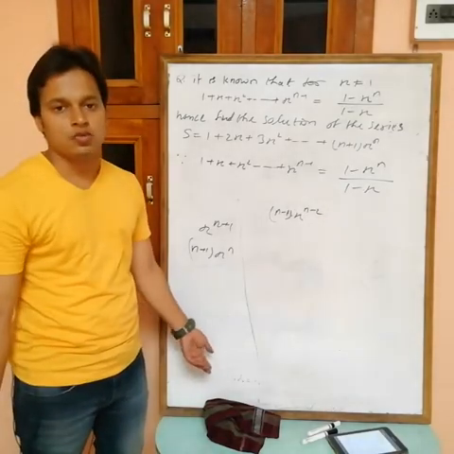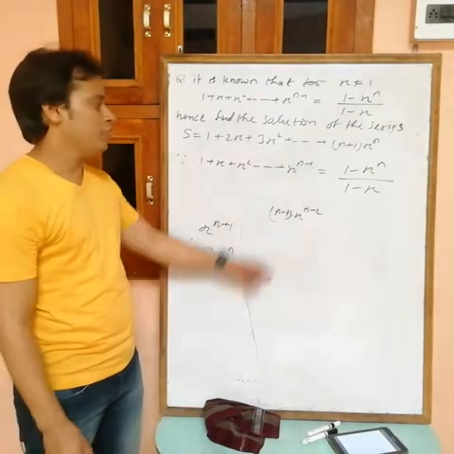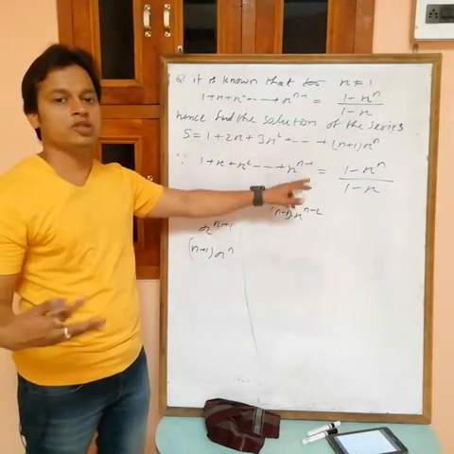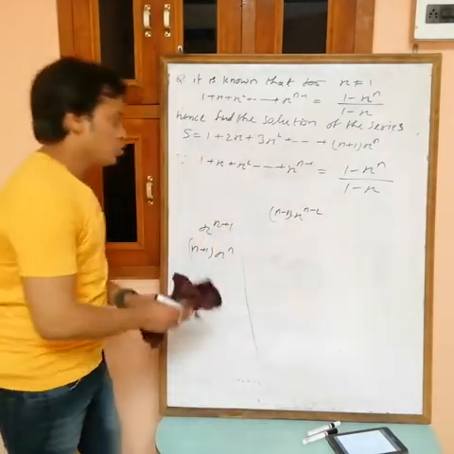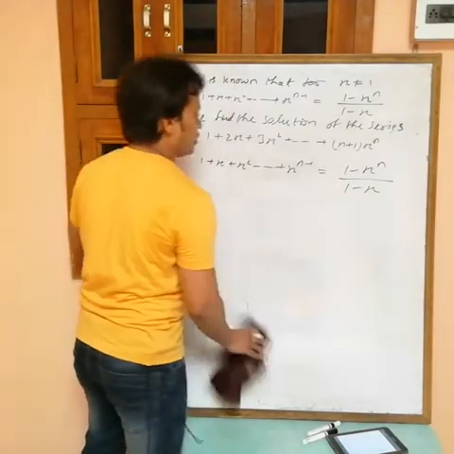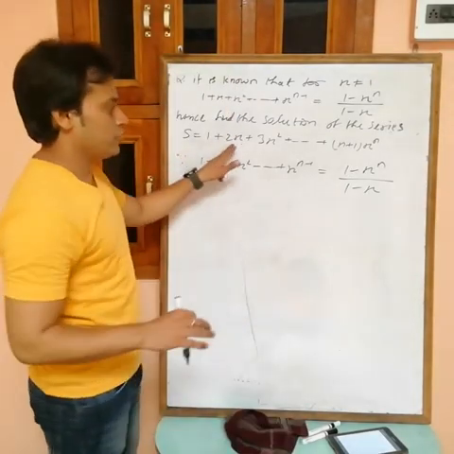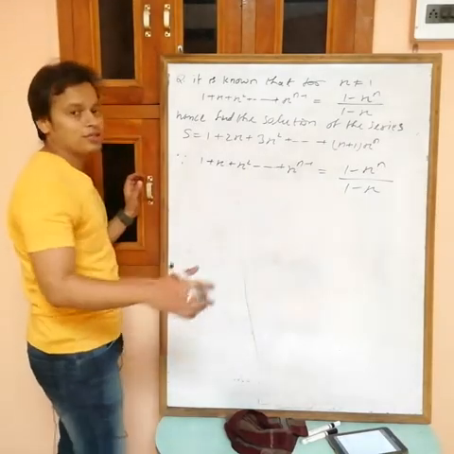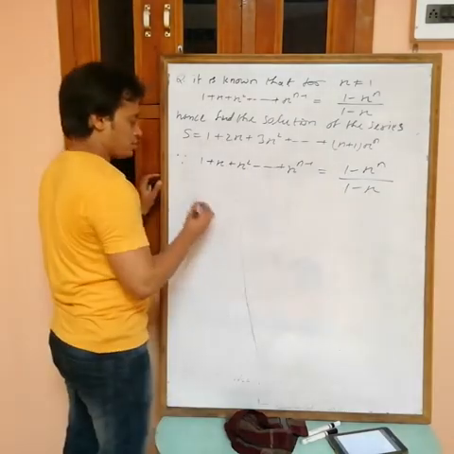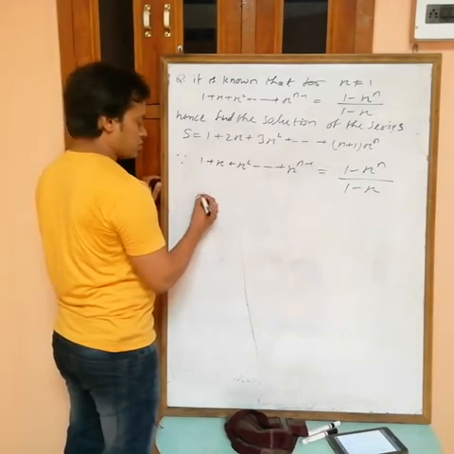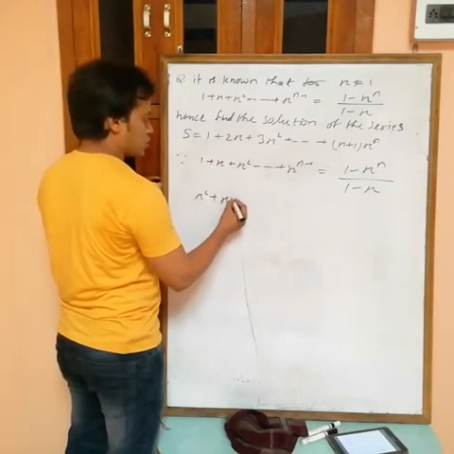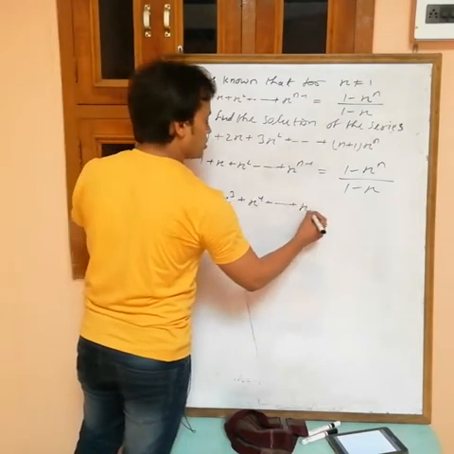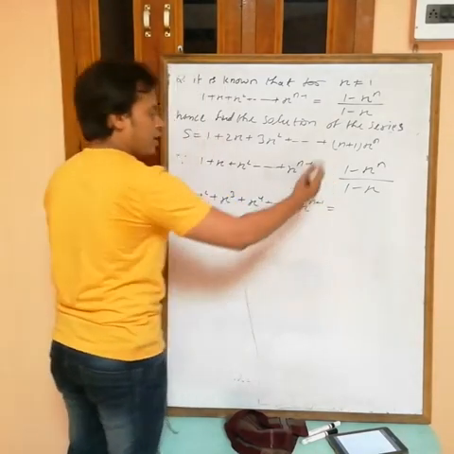Multiply with x square, then the power n minus 1 plus 2 is n plus 1. So directly we can't differentiate. We want the sum of the sequence, so this must be the differentiation of this one. So first I am multiplying the complete equation with x square. Then this is x square, this is x cube, this is x power 4, and at the end this is x power n plus 1. Then here also we have to multiply.